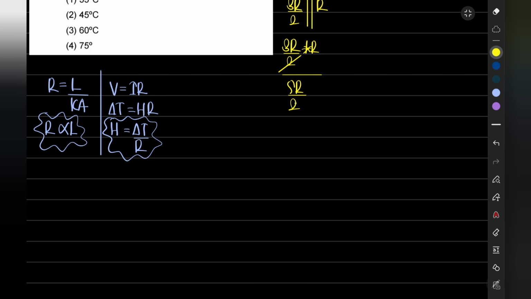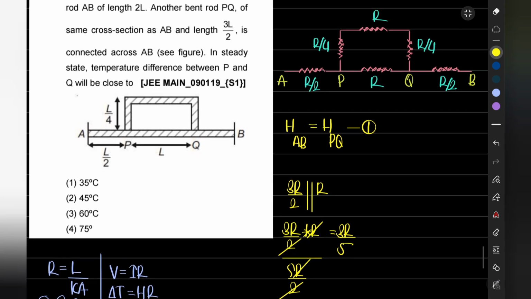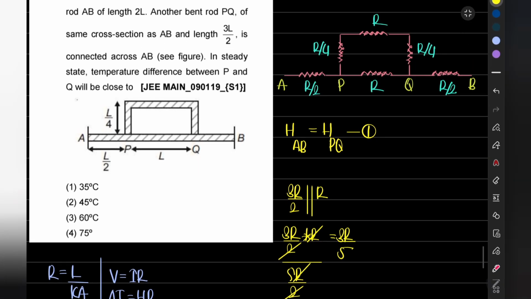Now this 2 and 2 will get cancelled out, R and R will get cancelled out, so the final value will be 3R by 5. So first we have found the equivalent of this entire 3R by 2 and R. Now the equivalent of this part, how much did we get?